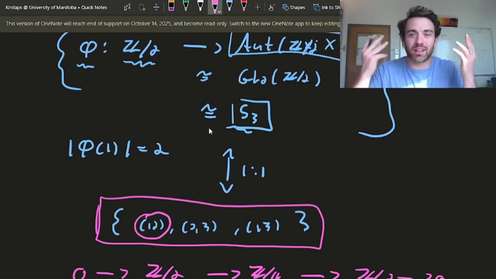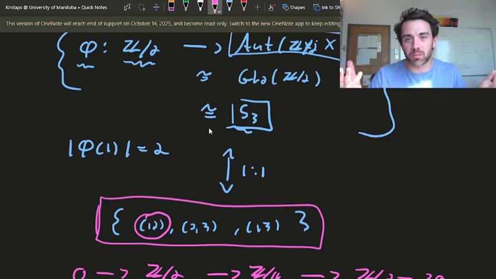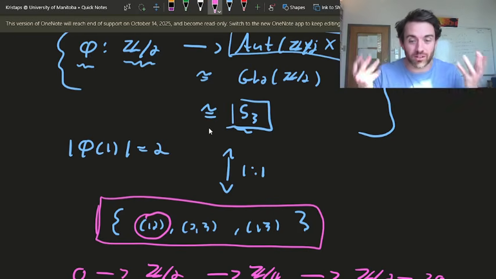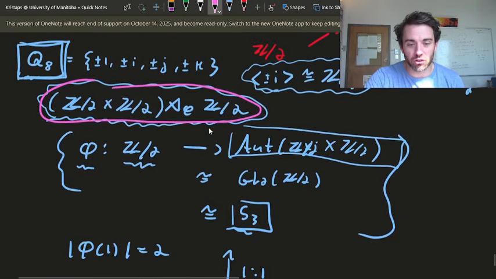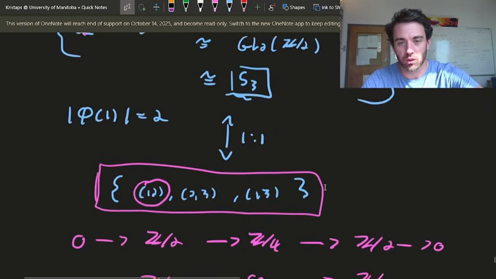In the same way, in the previous episode, we showed that some semi-direct product was non-abelian, you can argue it in this way. So we have a non-abelian group of order 8. It can't possibly be the quaternions. It must be the dihedral group. So we see that for distinct homomorphisms, we can actually get isomorphic groups. And so the question is, what is the full extent to which that is the case?